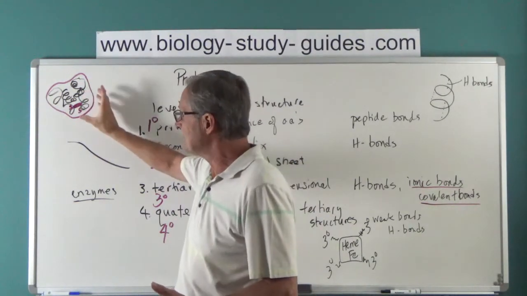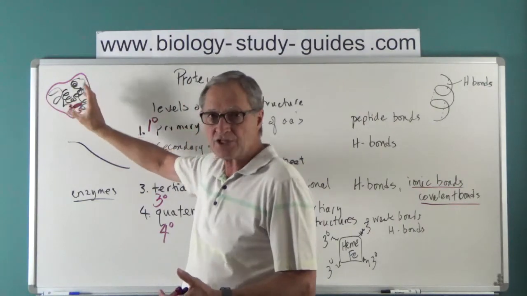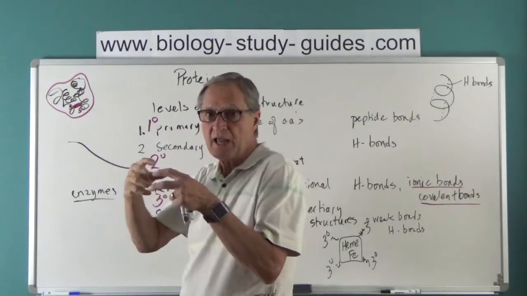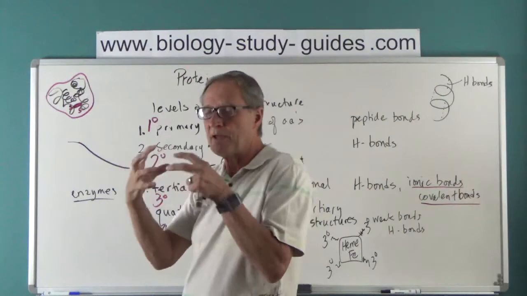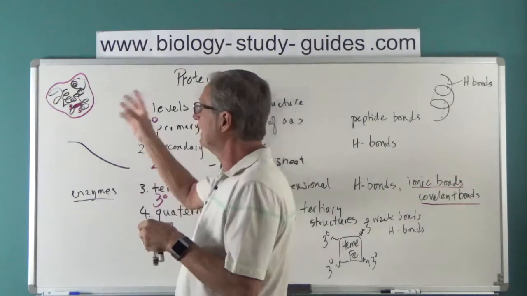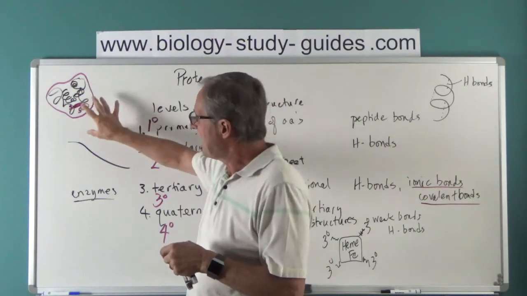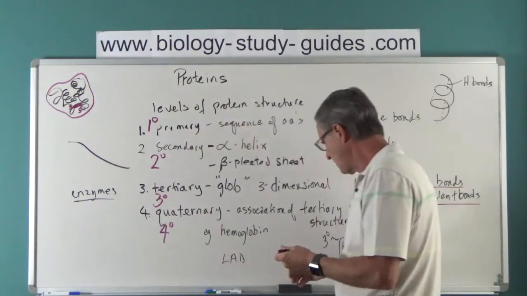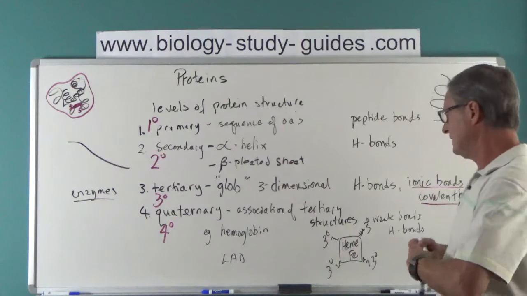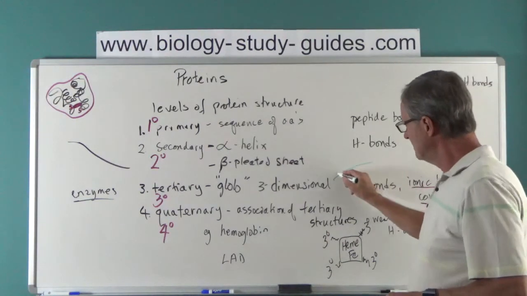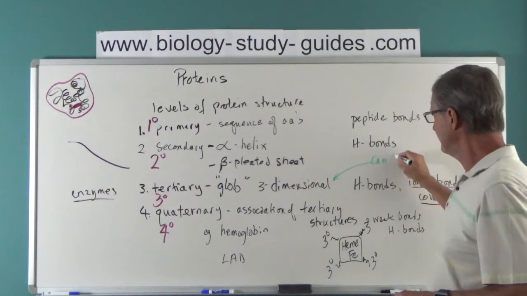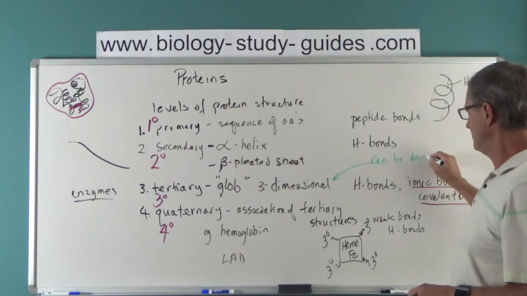And we're talking about enzymes. An enzyme has to match with a substrate, and if it doesn't match in terms of three-dimensional shape, it simply will not work. If we take away hydrogen bonding in here, these ones can be denatured.